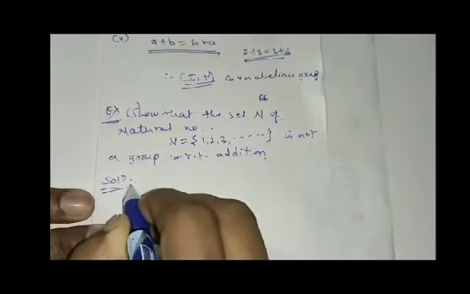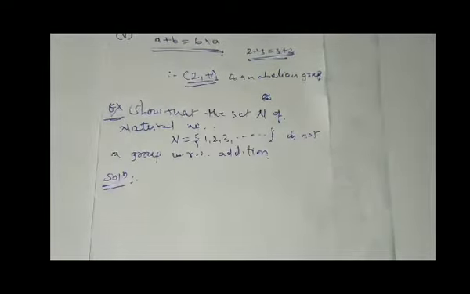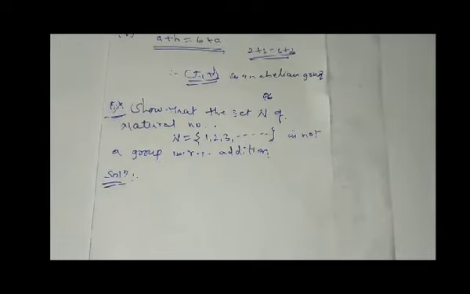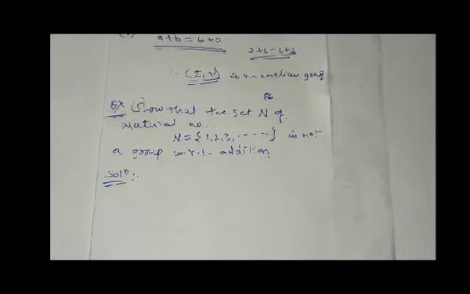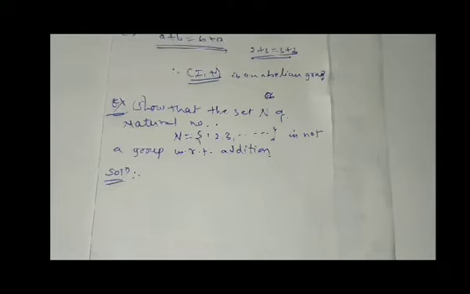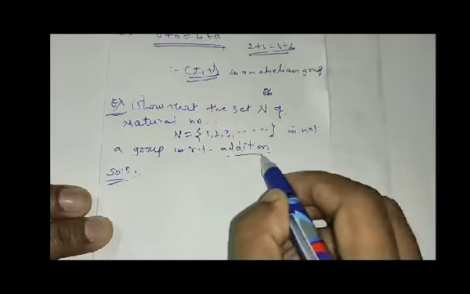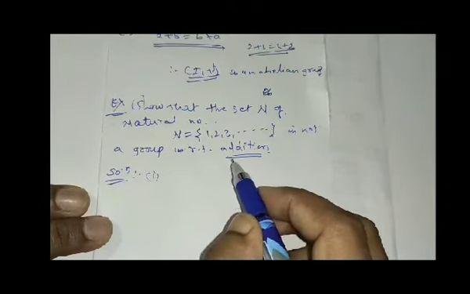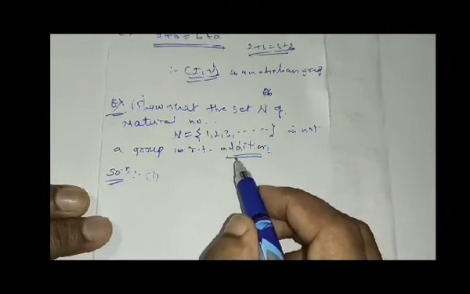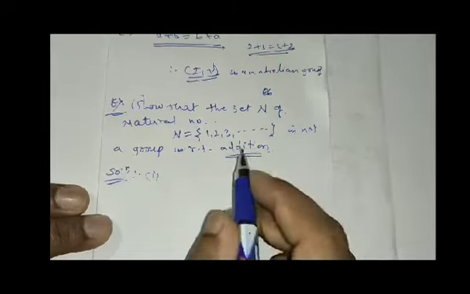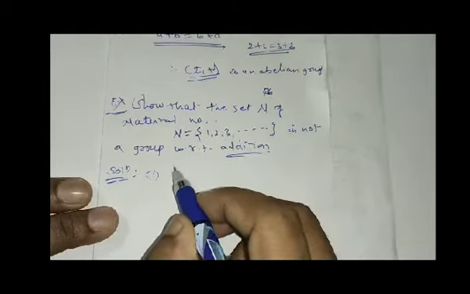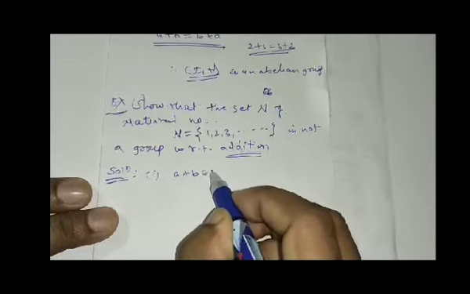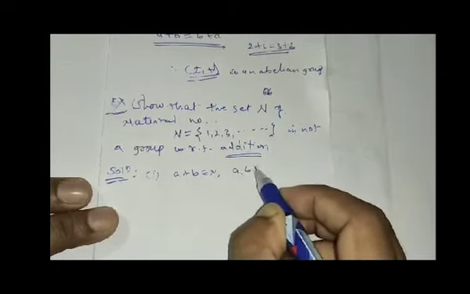Solution. I think you can guess why the set N is not a group with respect to addition. So student, we try to check all 4 postulates of the definition of group. Taking any 2 natural numbers, their sum must be a natural number, no problem.